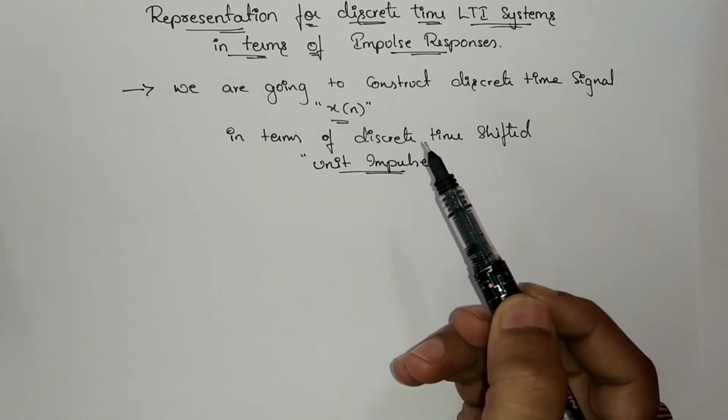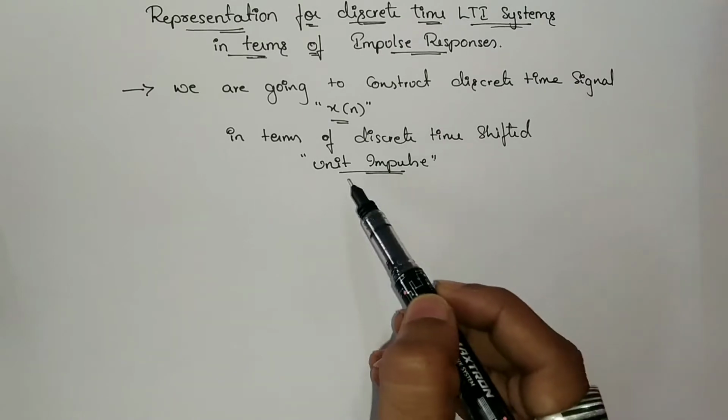X of n is going to be constructed in terms of discrete time shifted unit impulses.